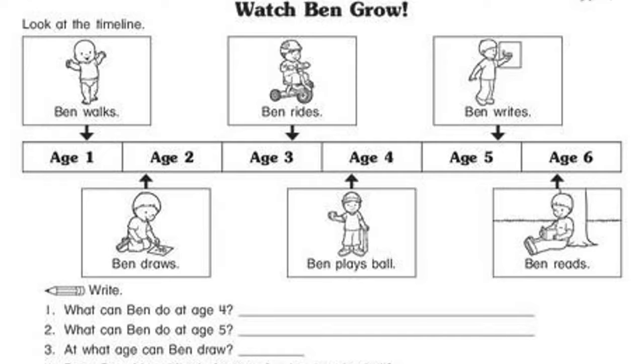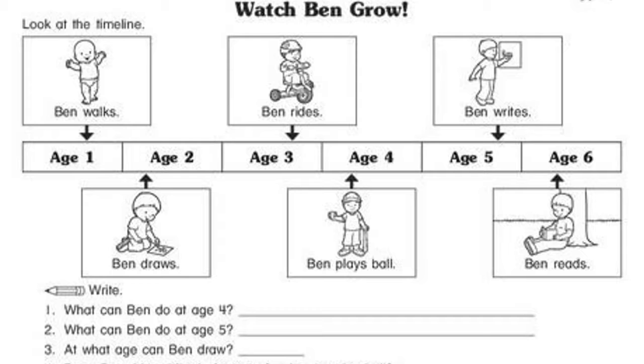At age 2, Ben draws. At age 3, Ben rides a bike. So we can use the picture clues to help us with the sentence as well. At age 4, Ben plays ball. We're going back up. At age 5, Ben writes.